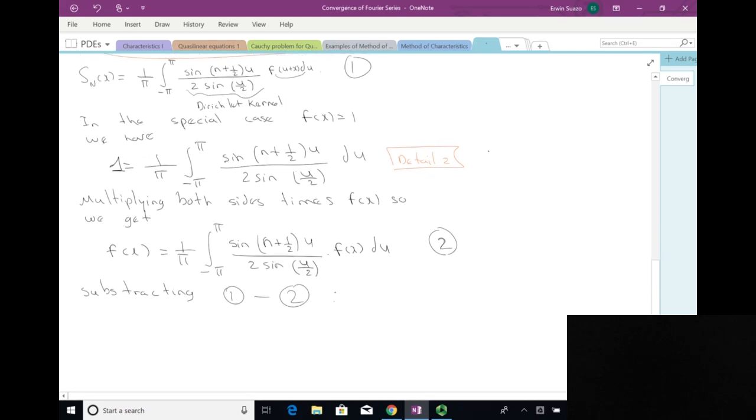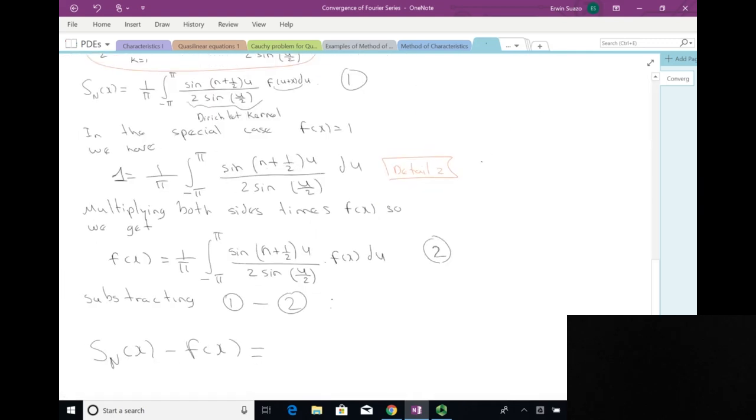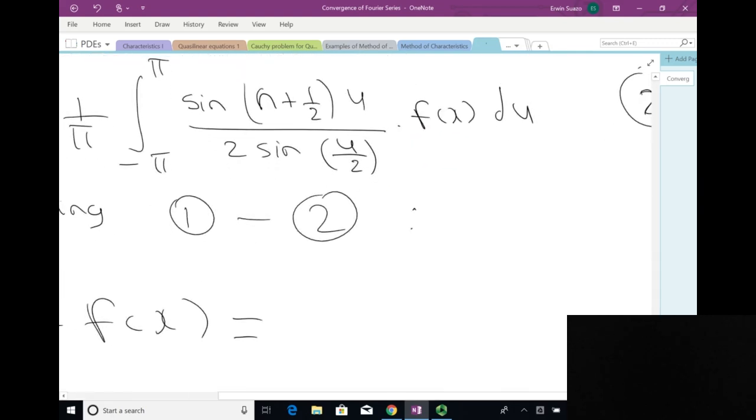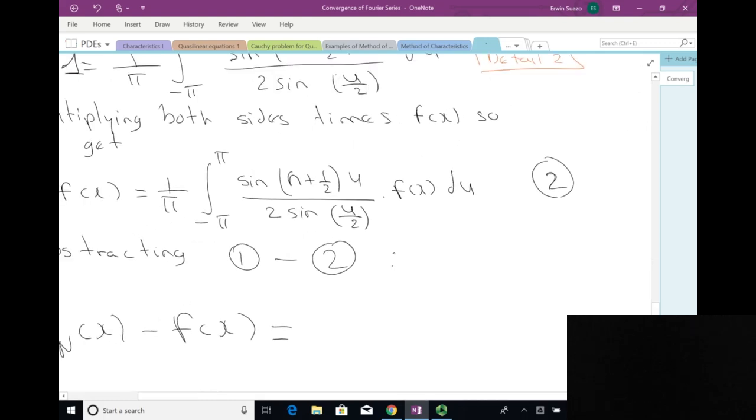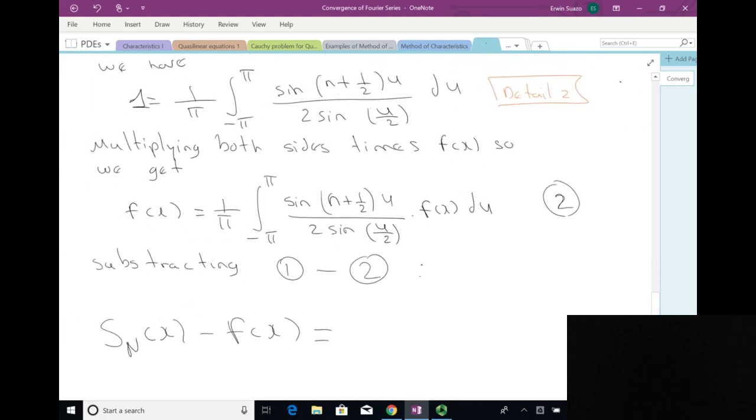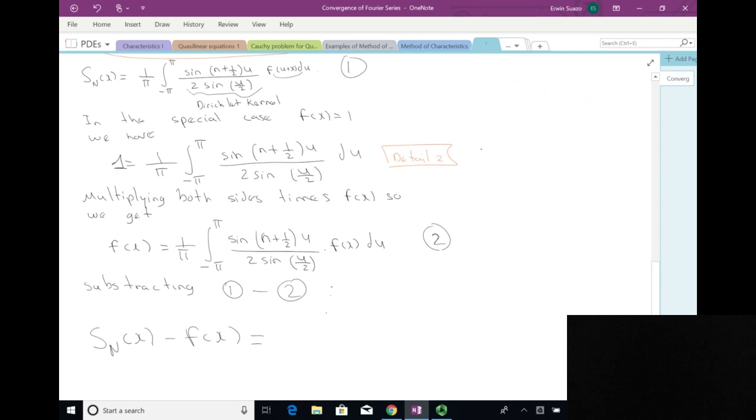We get S_n of x minus f of x equals, okay, let me make it smaller like this. Then we will have 1 over pi and 1 over pi is the same, right? So we can factor 1 over pi. Now there will be the integral from minus pi to pi minus the integral from minus pi to pi, the same thing.